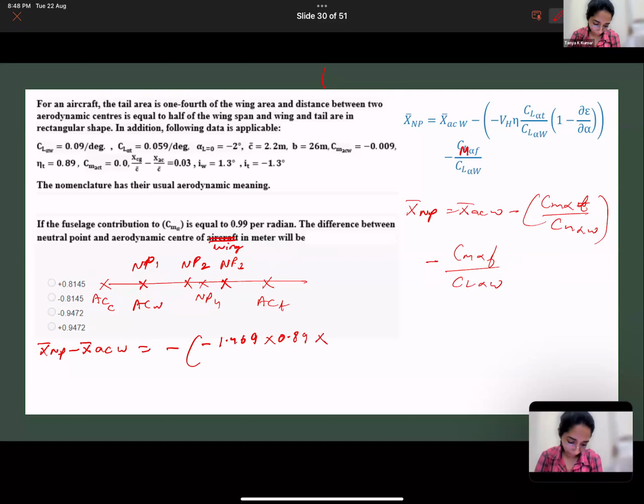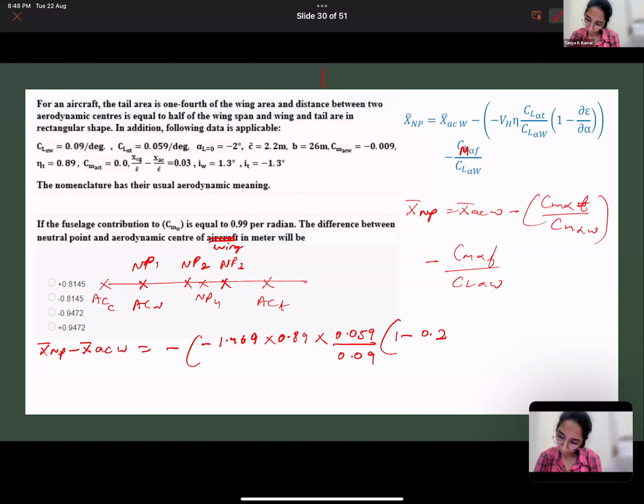The CL alpha of the tail is 778. Correct? Yes. Minus 0.99 by CL alpha of the wing.